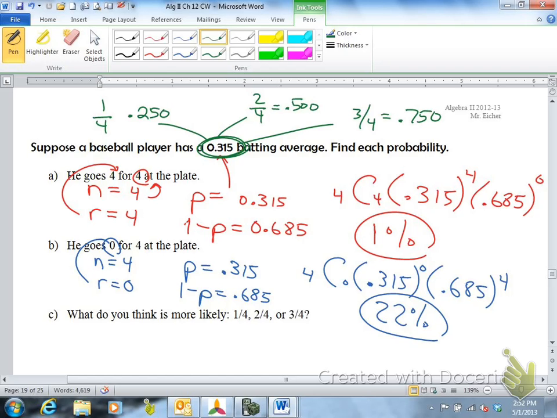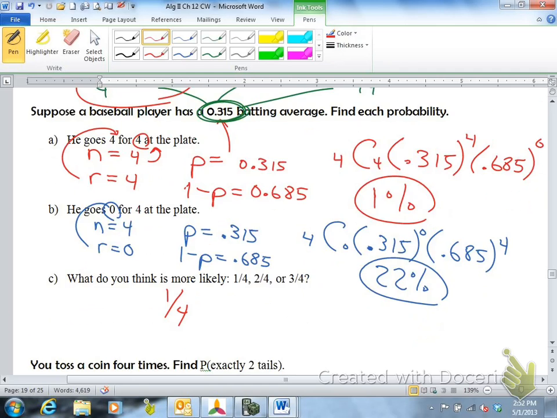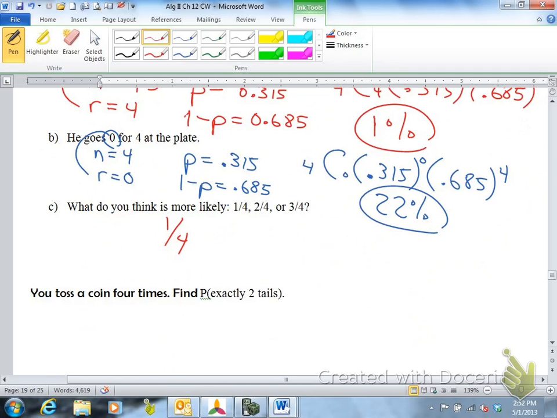Which one of these is closest to our batting average? Well, the closest one is 1/4. So we would say 1/4 is the most likely because it's closest to his actual batting average.